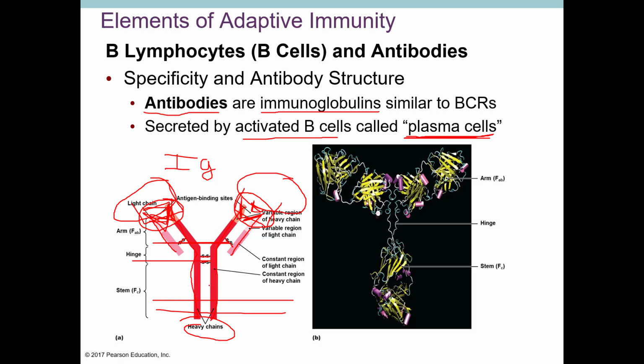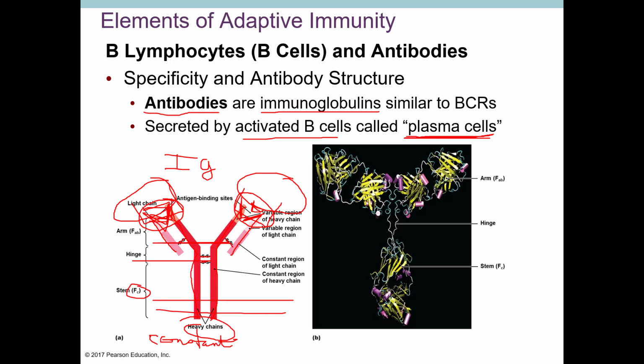This part of the chain is called the fraction crystallizable, which is kind of complicated, but think about the C standing for the constant. This part of the chain is always the same. Every B cell has the same proteins in this section. The only part that's different between the different B cell types would be what's up here in this particular antigen binding site.